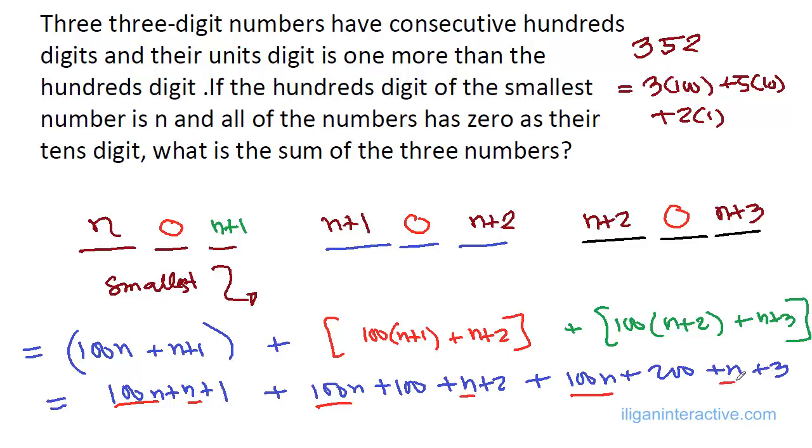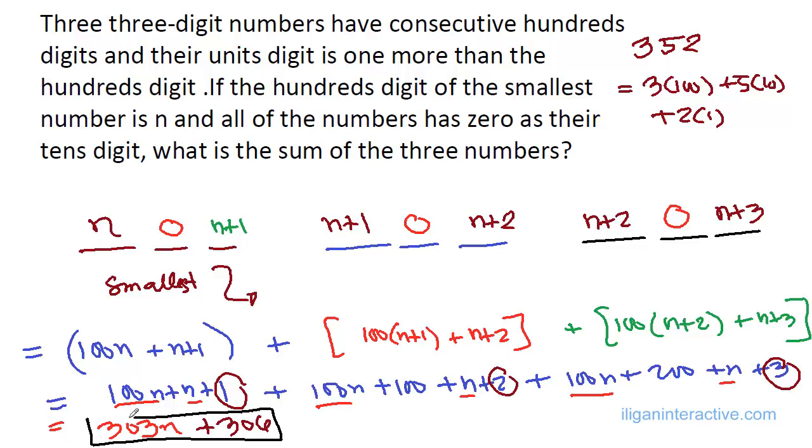So all in all, that's 303n. And for the constant part, 1 plus 2 plus 3 is 6, and then plus 300, so you have plus 306. So the sum of the three numbers will be 303n plus 306. Okay, that's good.